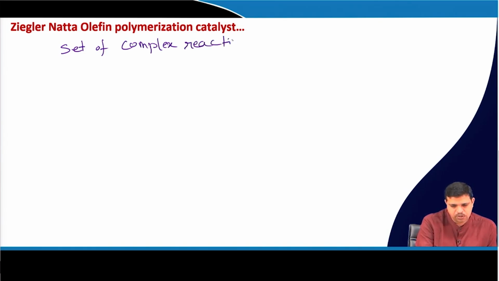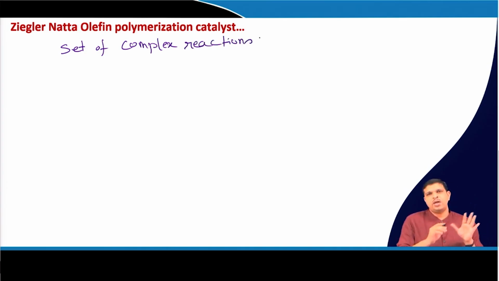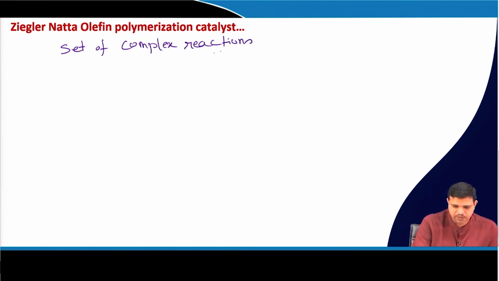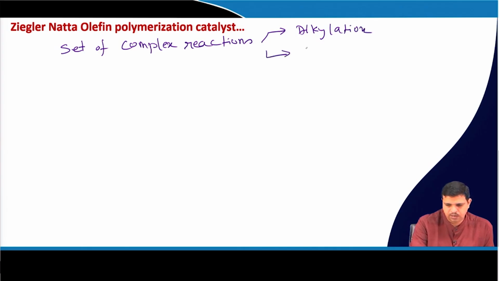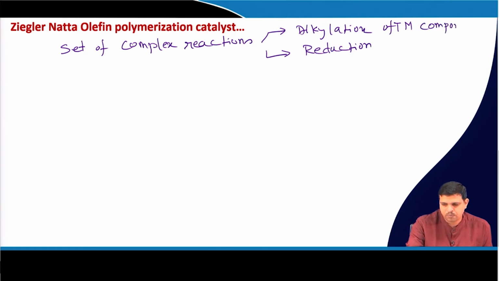So what you see, as I told, is that we write TiCl4 AlEt3 or AlR3, we write this in a very simple way, but the catalytic system is very complex. Okay. So, a set of complex reactions I list out. This is basically based on the alkylation and the reduction of the transition metal component, that is the titanium.